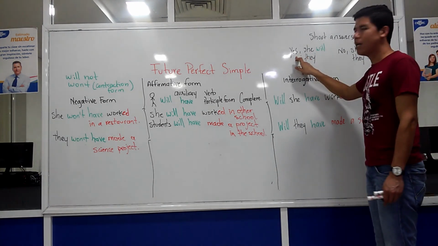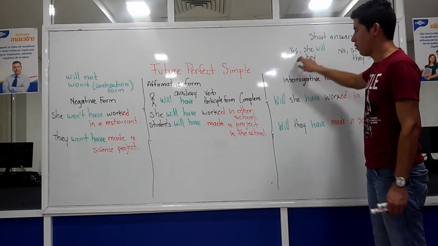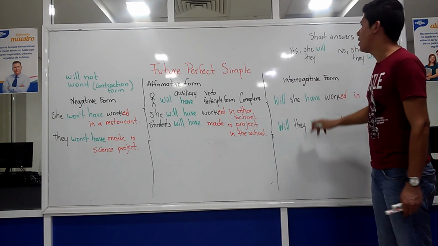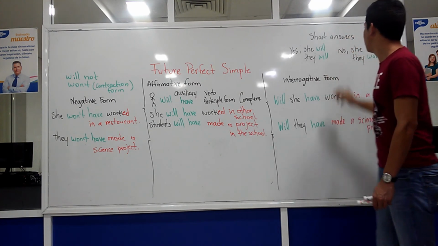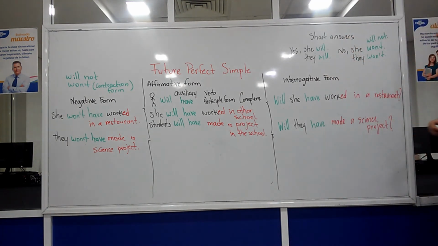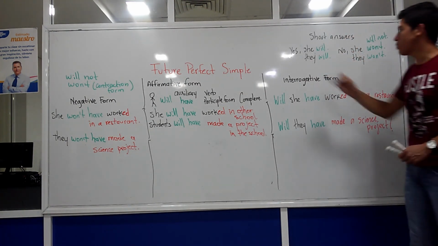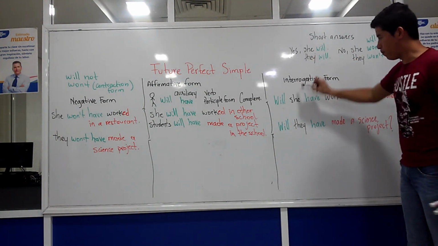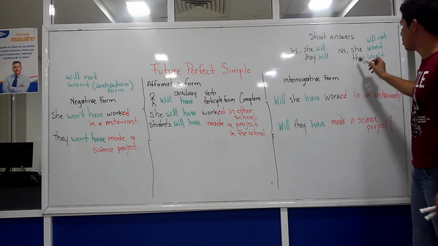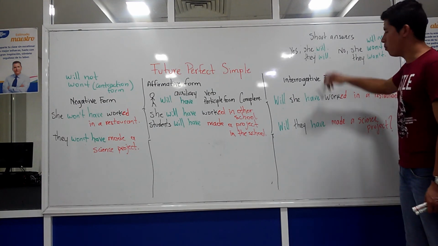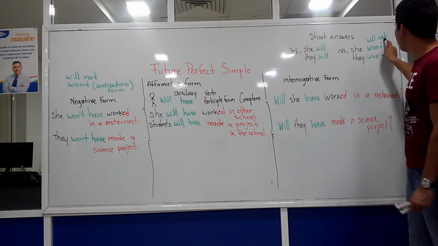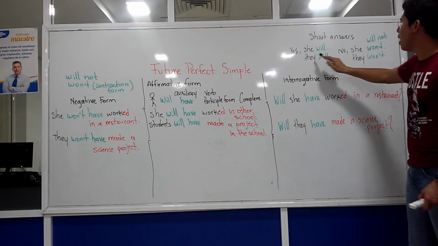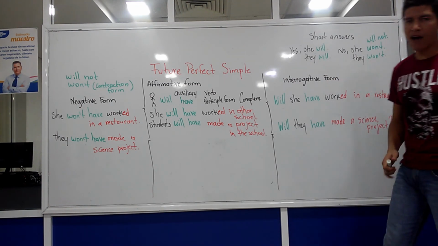And if the answer were affirmative, yes they will. And for the short answer, remember we have to use yes or no, and the person is about the question, she, he, or maybe they, depending on the question, and we use will not or won't in negative form, and we use will in affirmative form.